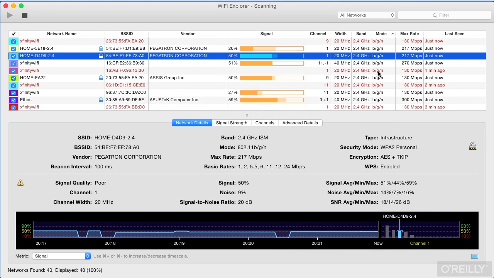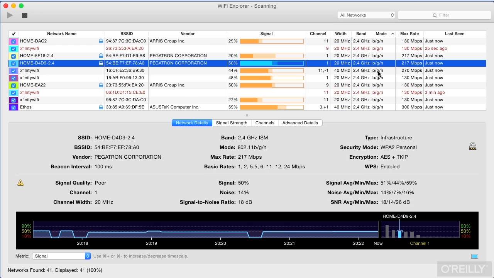Now, those different versions or modes of 802.11 specify some different ways that the protocol is handled at the really low layers. But from a practical standpoint, what we're really talking about is different bandwidths or different data rates that we can support here.